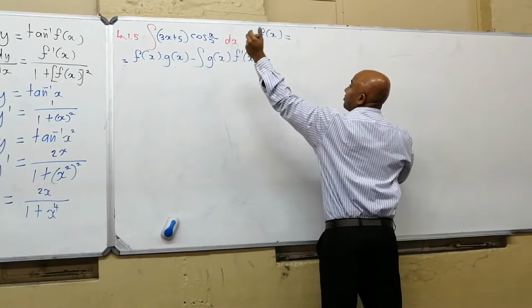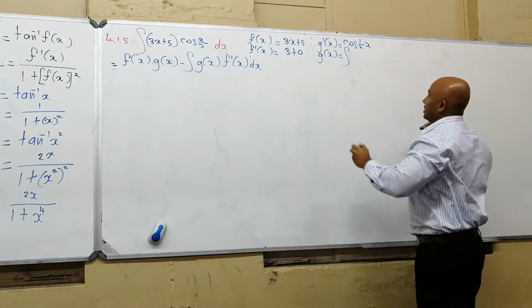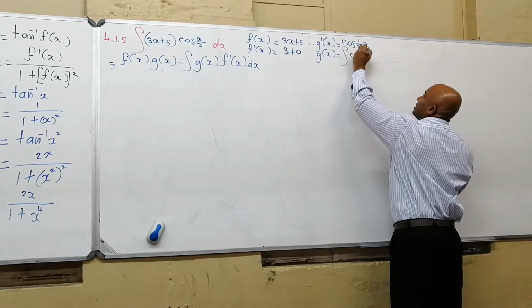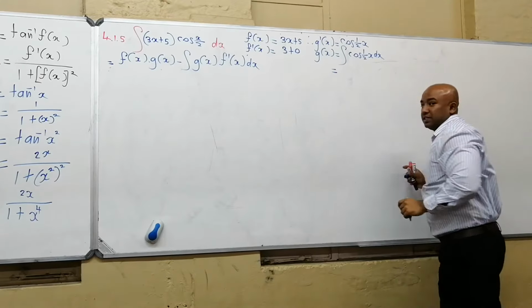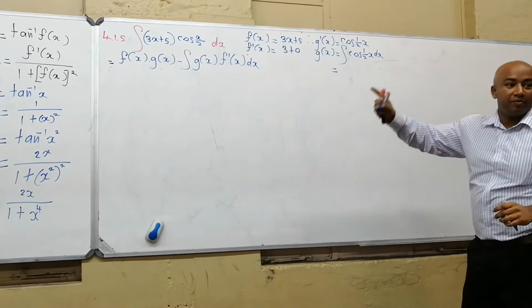So what do we need to find? We need to find f prime x. So f prime x, the derivative of 3x is going to be 3, the derivative of 5 is 0. And g of x, I need to integrate cos there. So I'm going to integrate cos of half x. And when you integrate cos, it's going to be a positive sine half x all divided by half, which is equal to 2 sine half x.